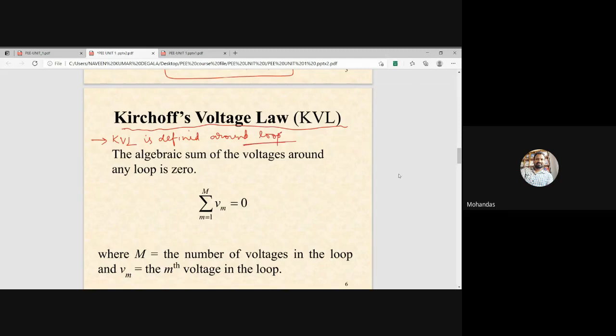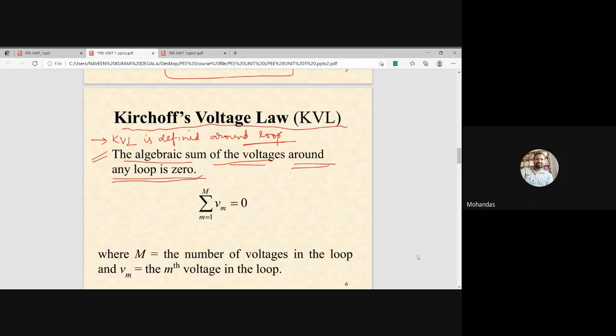We already discussed the loop. Now the statement is that the algebraic sum of the voltages around any closed loop is equal to 0. Repeating, the algebraic sum of voltages around any loop is 0.